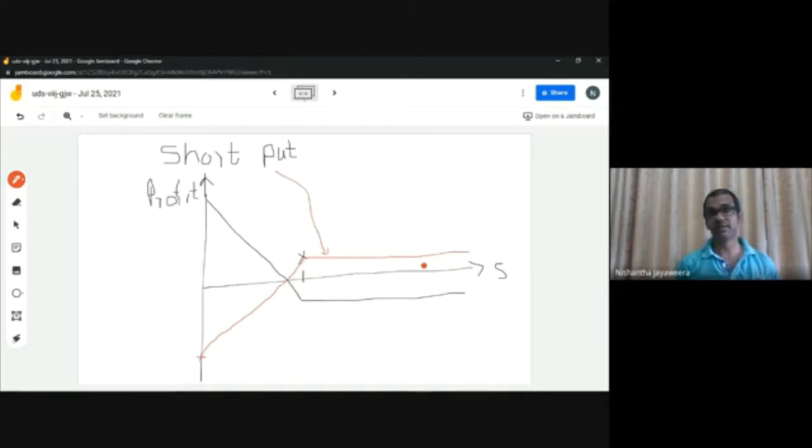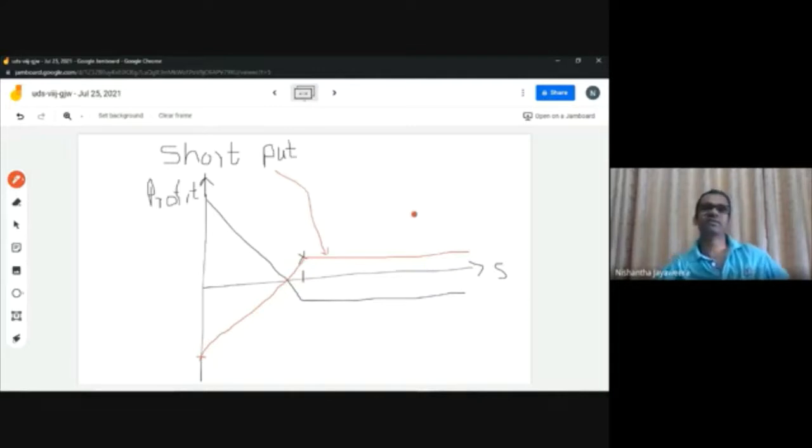But out of selling a put option and selling a call option, which one is more risky? Selling a call option, because there's no limit to the loss of a short call option.